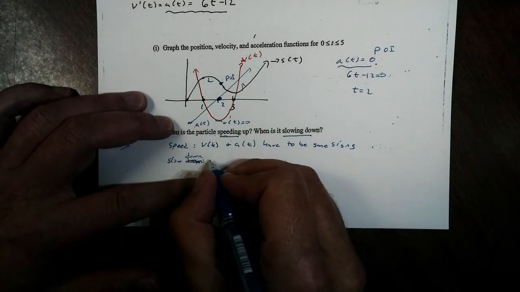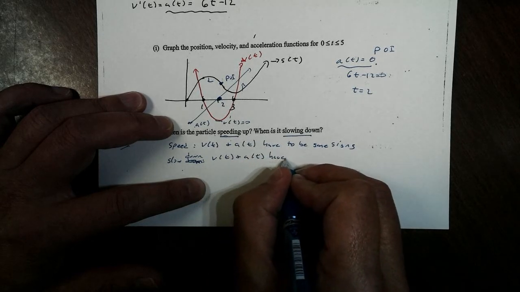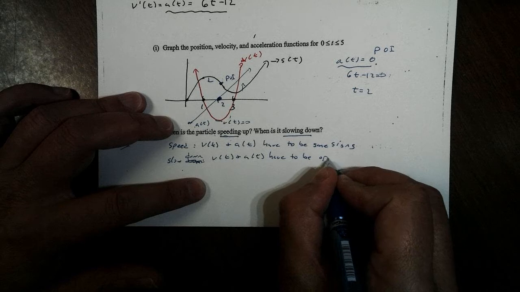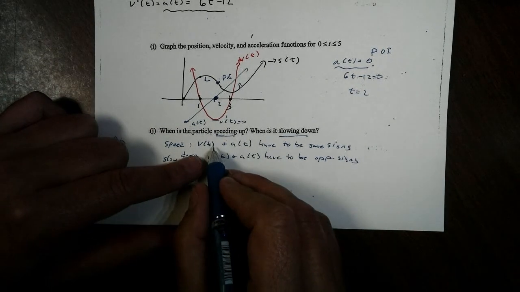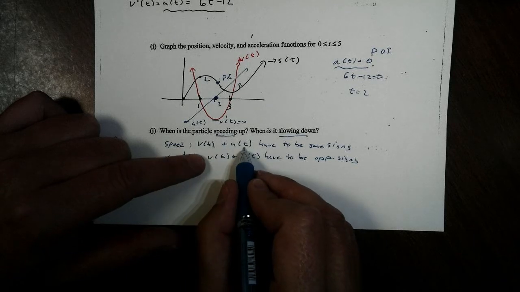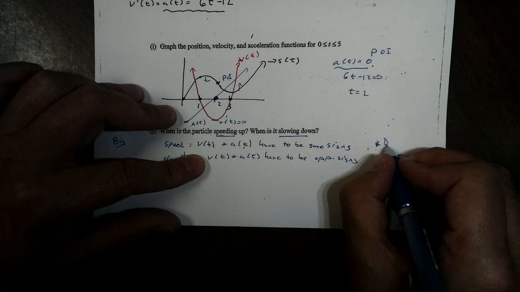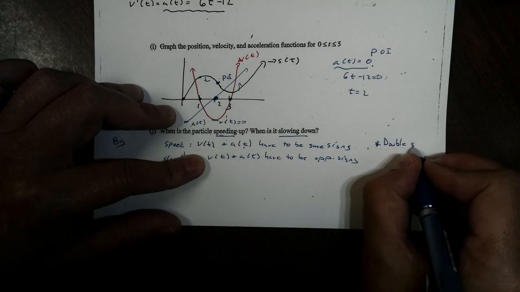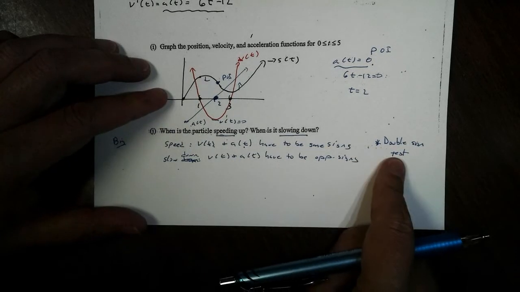So to slow down, we say v of t and acceleration have to be opposite signs. Notice we're looking at v of t and a of t, both derivatives, so we are going to have to do what I call a double sign test.